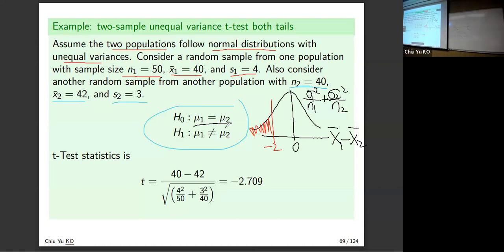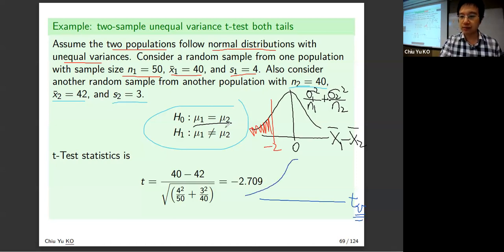Nothing new here. The only difference is we don't know this, so we have to go to a very complicated problem, which requires the t, and t is based on a very crazy formula. But let's forget the crazy formula first. The t is this. This is 0, and what's 2 here?